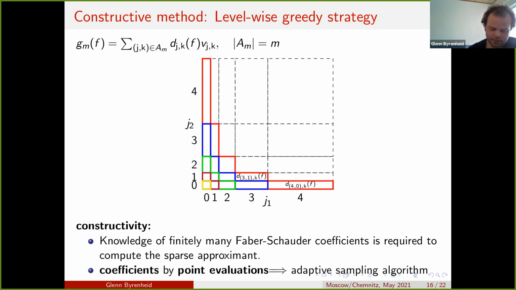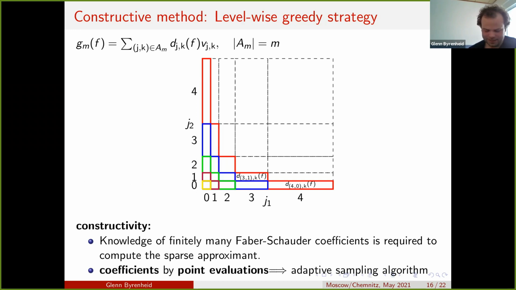This means we need to know a picture of function values. Afterwards, we pick some out of them, and this gives us our approximant. For that reason, this strategy can be considered an adaptive sampling algorithm, but in some sense for compression issues.